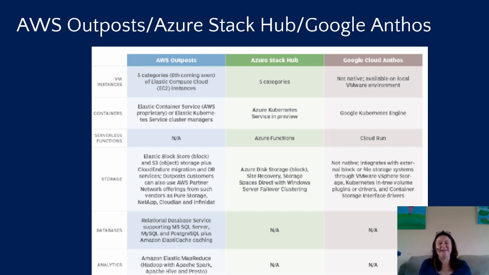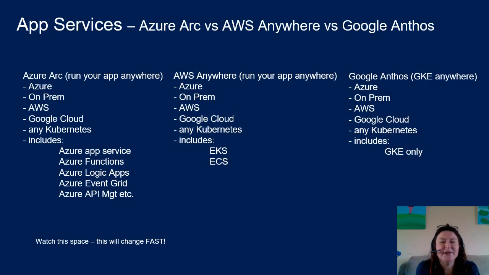You don't really need to use on premise Azure stacks for that kind of thing. So Google is behind on a lot of this stuff, and it's really just using VMware on premise for this kind of area.